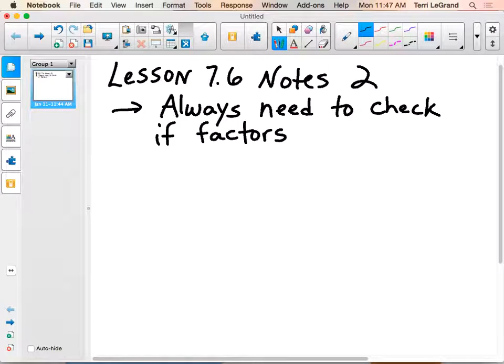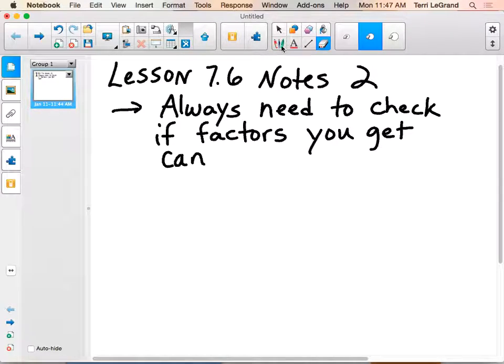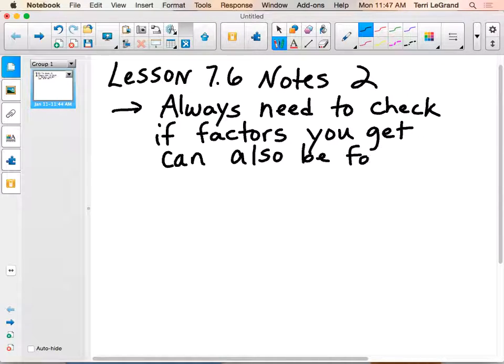Today, we're going to factor some other factors also. So check to see if the factors you get can also be factored. So we're going to factor until we can't factor anymore. And then we're not going to forget about the factors that we had at the beginning or along the way. We'll just arrow them down so we don't forget about them, okay?